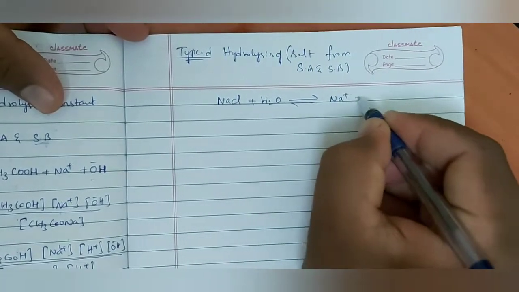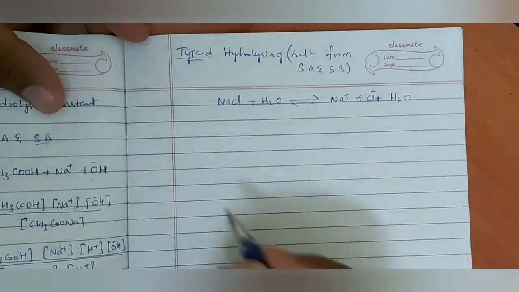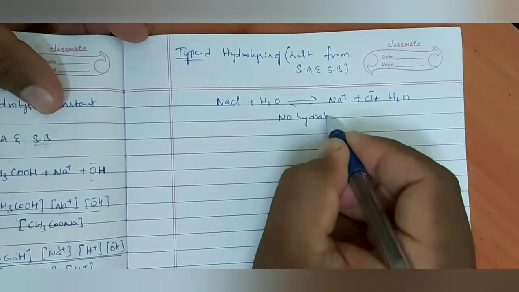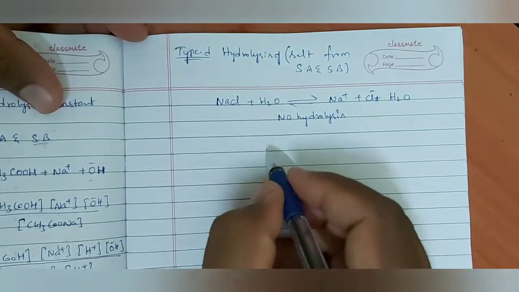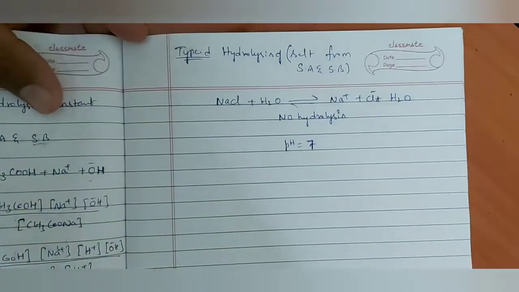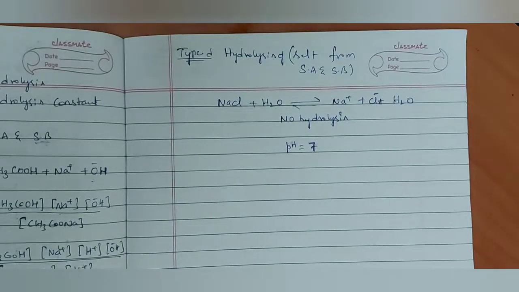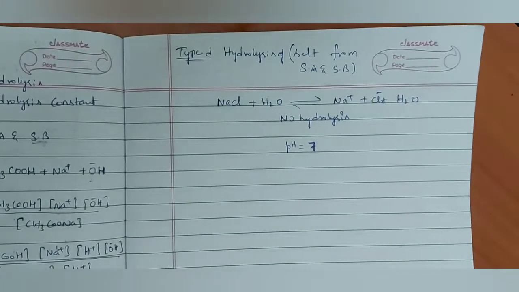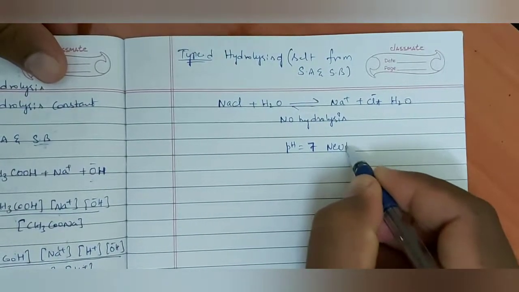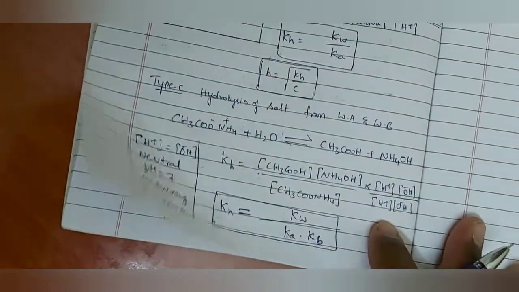So like that only, Na plus ions, Cl minus ions plus H2O. No hydrolysis will take place. pH is equal to 7. Neutral. No change in litmus.